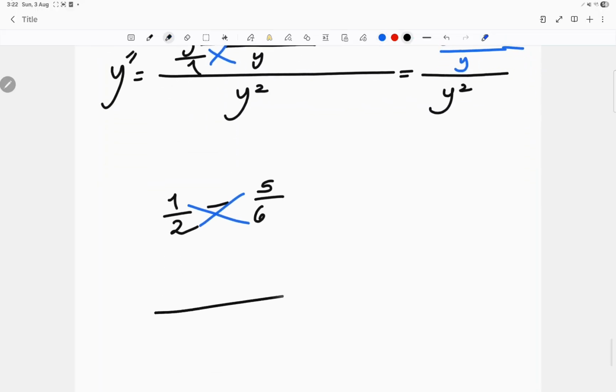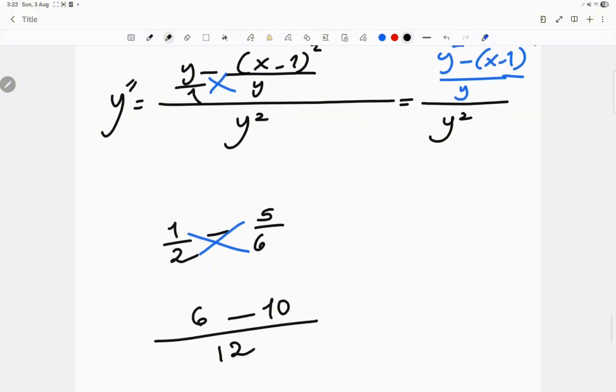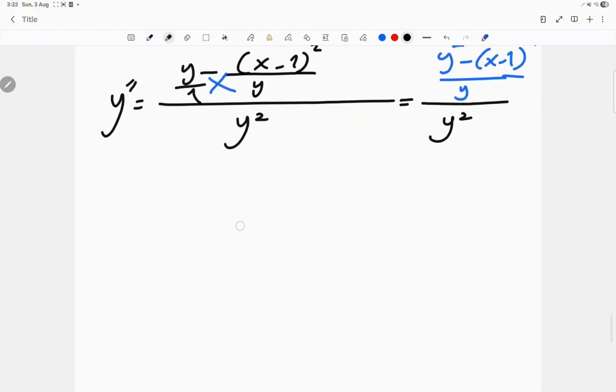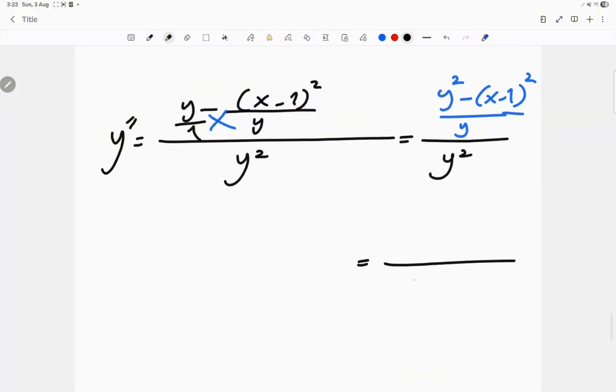What's 2 times 6? We get 12 in here. 1 times 6, 6, minus 2 times 5, which is 10. That's the rule. It's a math rule. Exactly. What do you need help with? That's the final result.